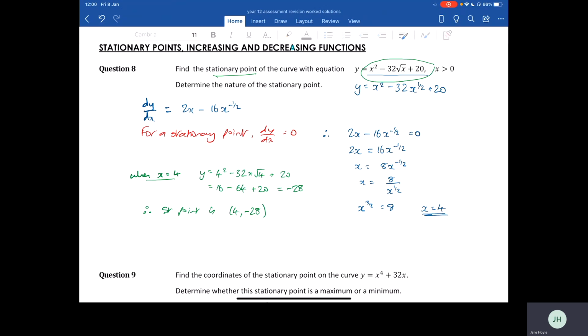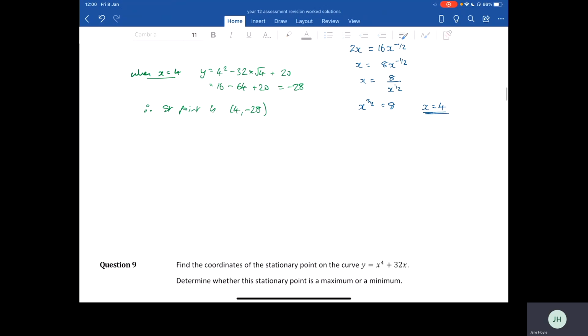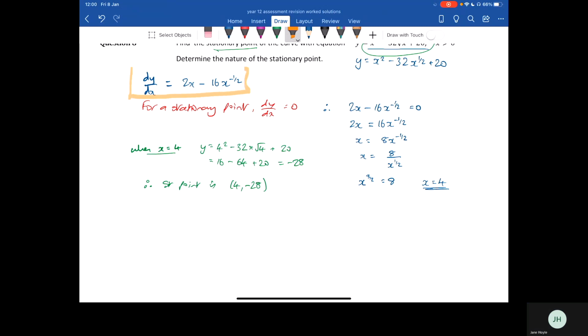Determine the nature. So what we've got to do here is to find the second derivative. So if I go back to my dy/dx, which is here, I need to differentiate that again. So we need d2y/dx squared.